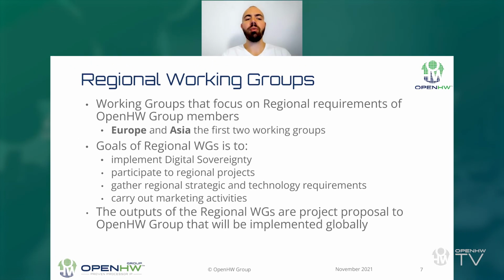Those working groups focus on the technology and strategic requirements of those regions, implementing digital sovereignty, participating in regional projects, and carrying out marketing activities that are focused on Europe and Asia, respectively.